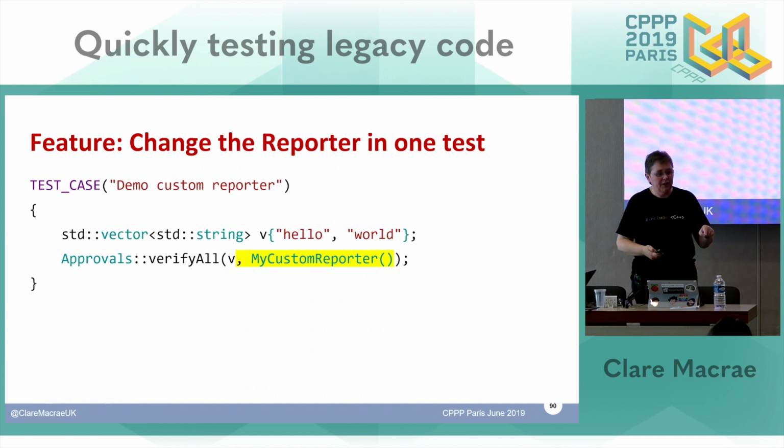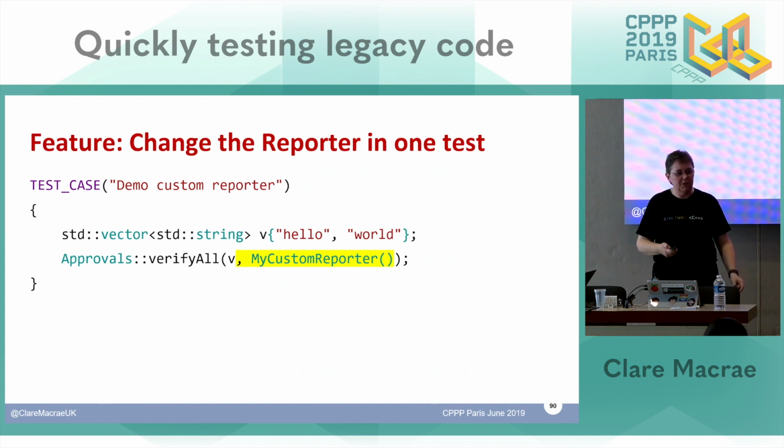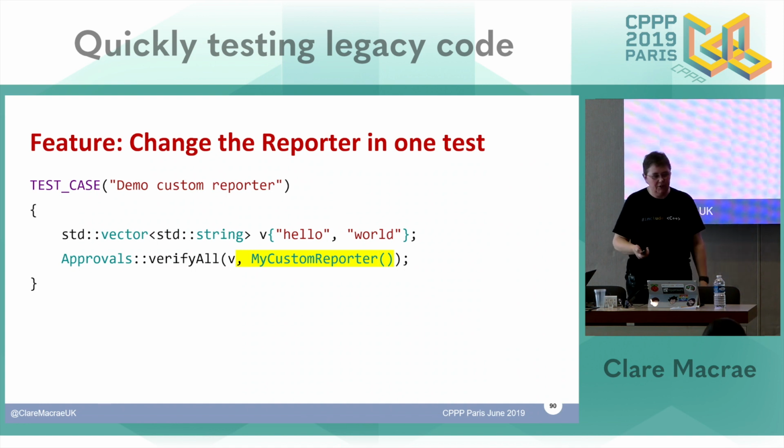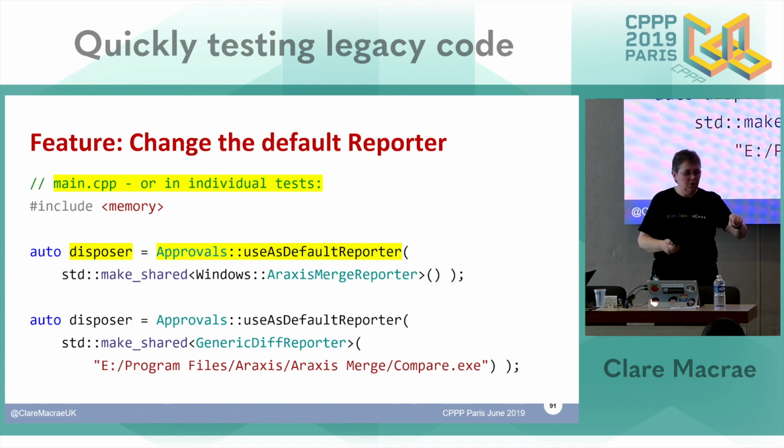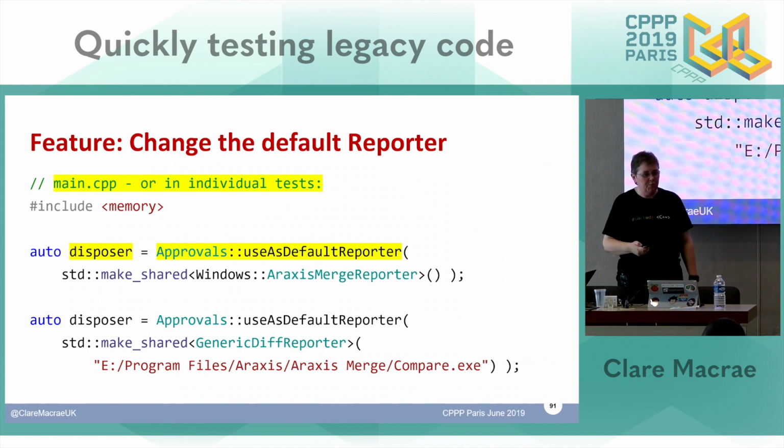You can specify a custom reporter for an individual test like this, so all of the methods I've been showing you, you can pass in a reporter. You can, in a main, call approvals use as default reporter. And as before, you would need to hold on to the return result.